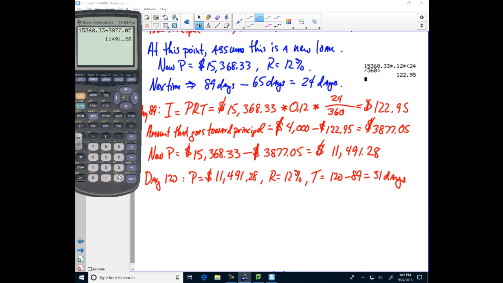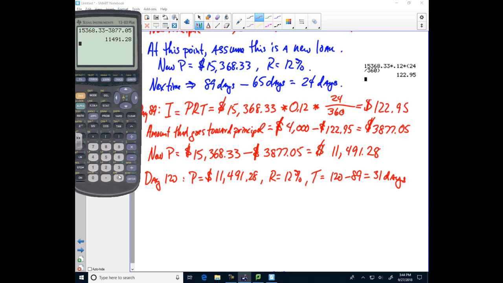Okay. So just like before, I said after 65 days he makes a partial payment, do the calculations, figure the interest, subtract that from the payment, and then whatever's left, subtract that from the principal. Then pretend like you got a new note. Okay, after 89 days, same thing. Take your new principal, calculate the interest, subtract that from the payment, whatever's left, subtract that from the principal, and you got a new note.